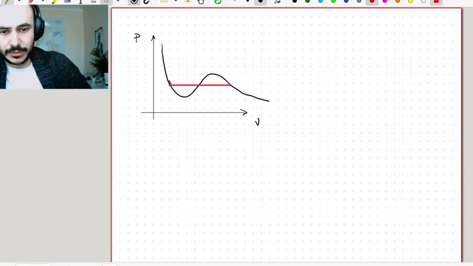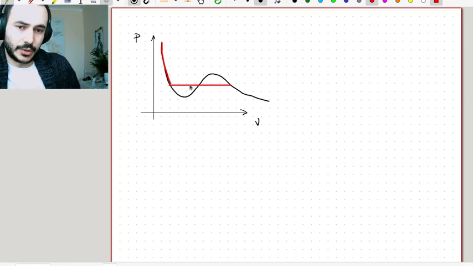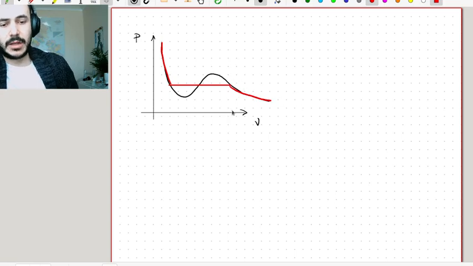As you go from the liquid phase and start expanding your liquid, at some point it will split into liquid and gas that will coexist at equilibrium at the saturation pressure, and then at some other point you are going to become completely gas and continue expanding following the original curve.